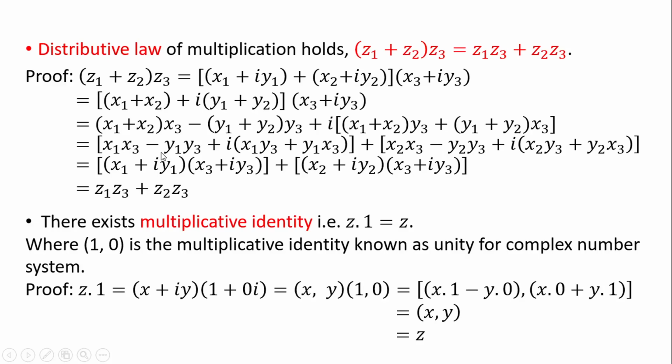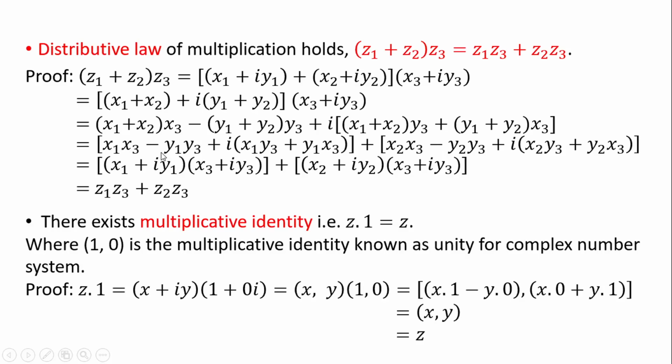And this is simply nothing but the first square term x1 plus i y1 into x3 plus i y3, and the second square bracketed term x2 plus i y2 into x3 plus i y3. So in this way Z1 Z3 plus Z2 Z3. So in this way the distributive law of multiplication holds for product of complex numbers.